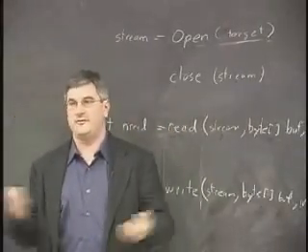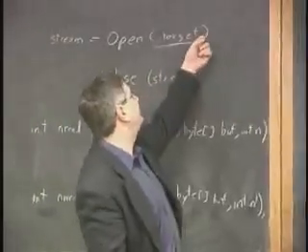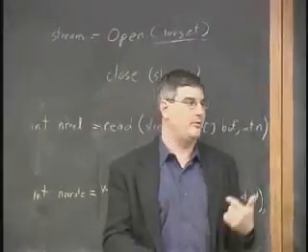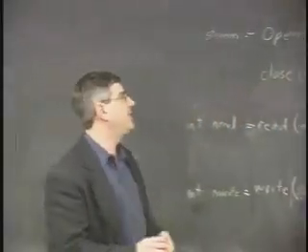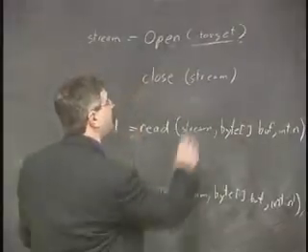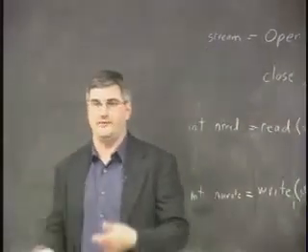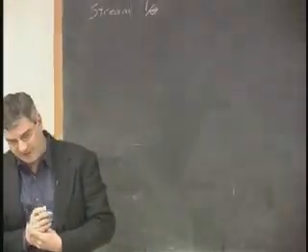That is a detail which I've glossed over, but it's true that a lot of times you want to specify in the open command whether you want to open something for reading, writing, or both. Certainly the file open command in the C library has two arguments, the file name and a little descriptor saying open it for reading, open it for writing, open it for both. Don't want to get too much into that right now.